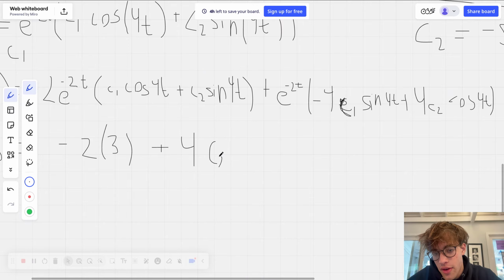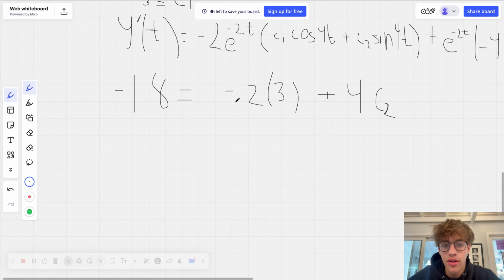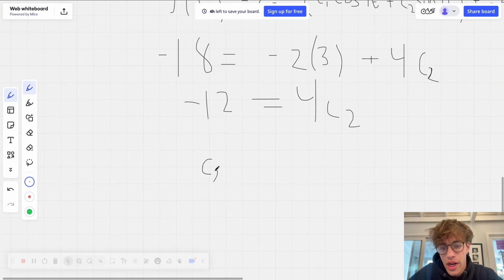Solving for C2 now: we add 6 to negative 18, getting negative 12, equals 4C2. So C2 is negative 3.